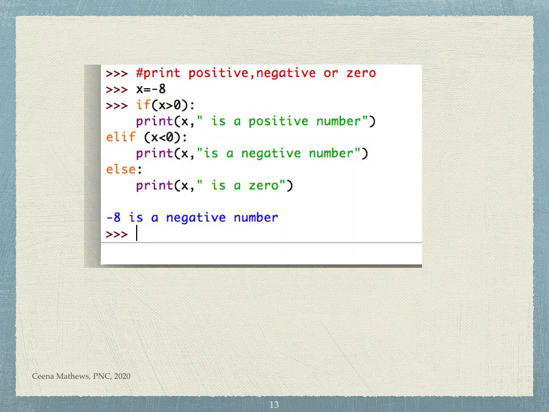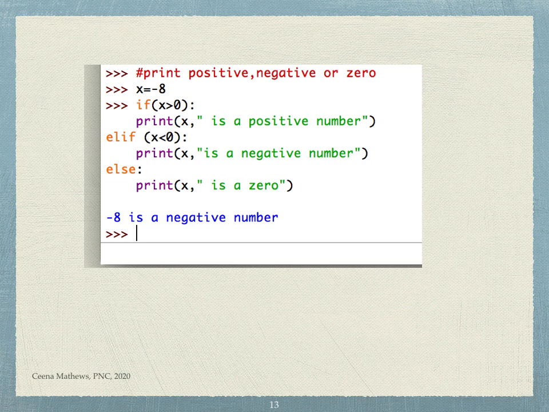This is an example. In this program, we check whether a number is positive, negative or 0 and print the result. So here the input is given as x equal to minus 8, and first we check whether x is greater than 0, whether it is a positive number. If the condition is true, it will print x is a positive number.